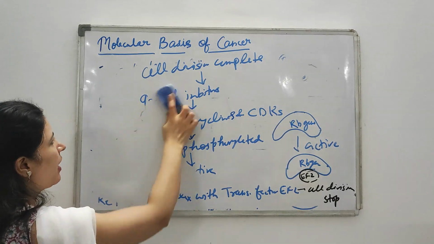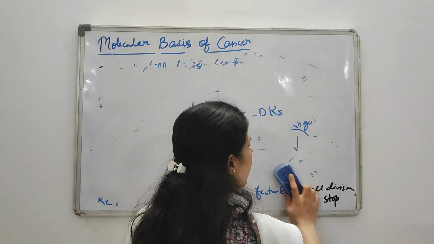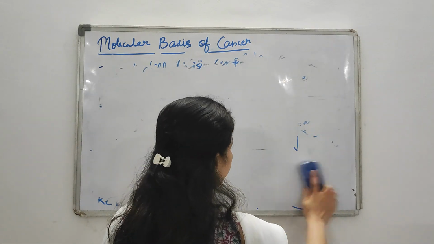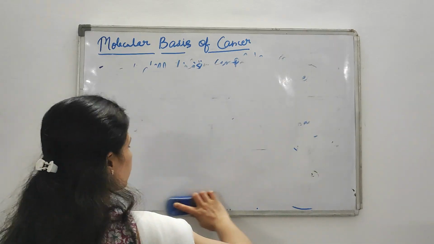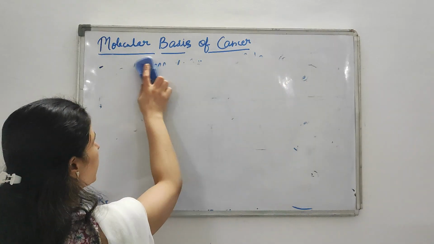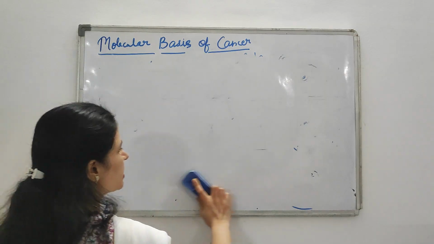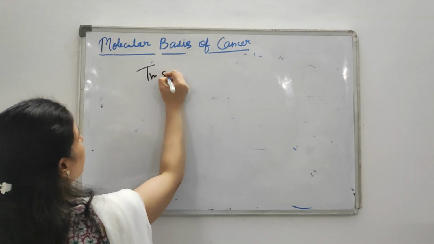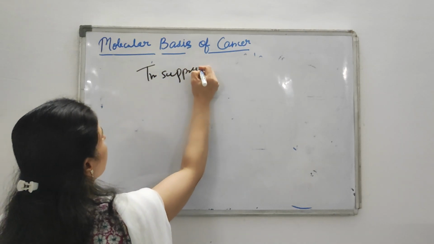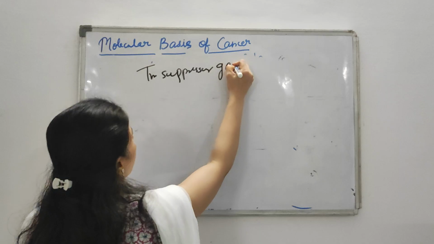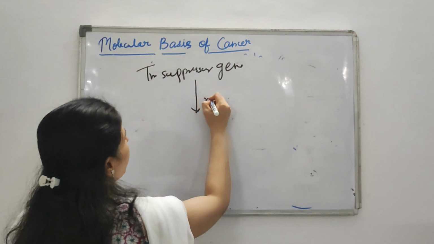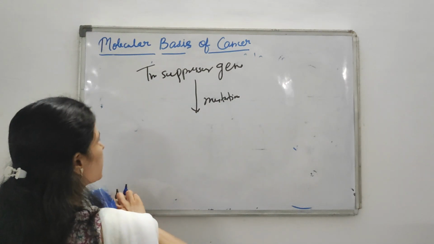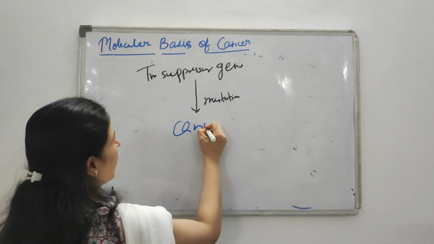Now comes the point of how cancer develops if some kind of mutation occurs in a tumor suppressor gene. As we have studied previously the types of mutation in proto-oncogenes for conversion to oncogenes, similarly, in a tumor suppressor gene, when mutation occurs, it will cause cancer.